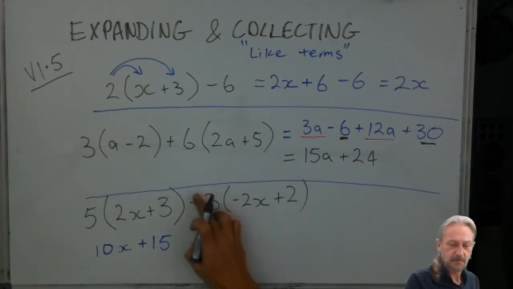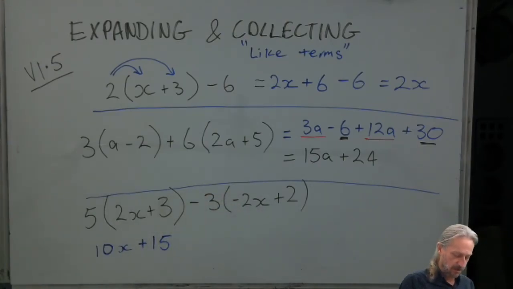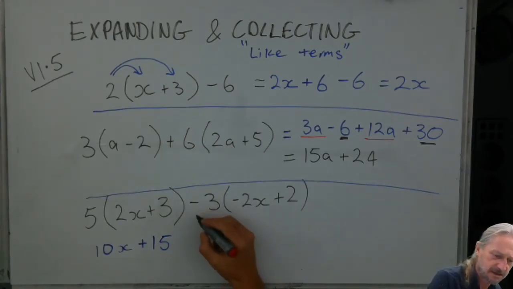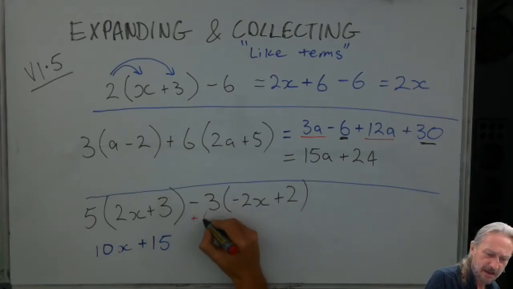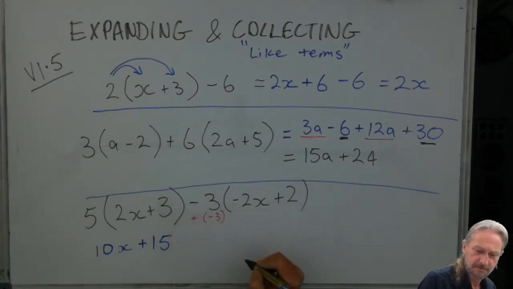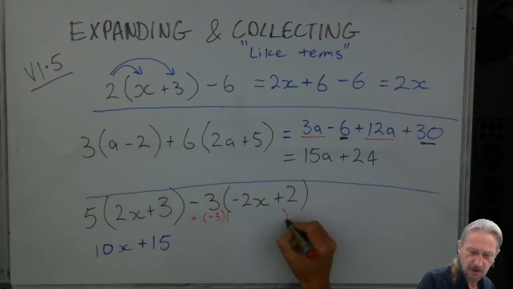Now here, I want you to think of this, let's write this bit in red, as the same as adding negative 3. So then we've still got negative 2x plus 2.